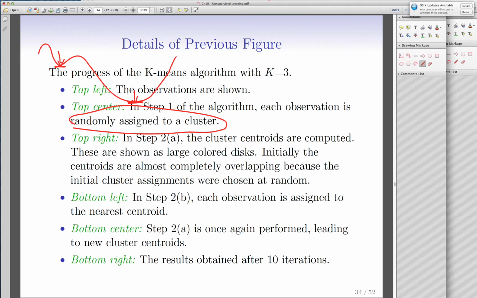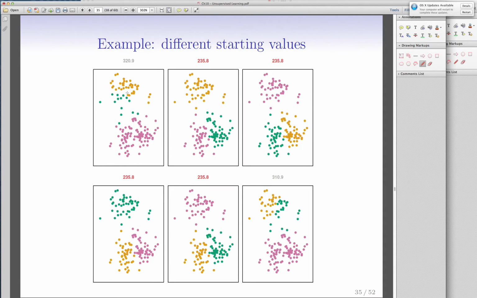converge to the global optimum. Here we have 6 different runs of the algorithm with 6 different initial random assignments. As you can see, the error we get from this assignment is 320.9. This assignment is 310.9. These 4 assignments are the minimum you can get, and they are identical.